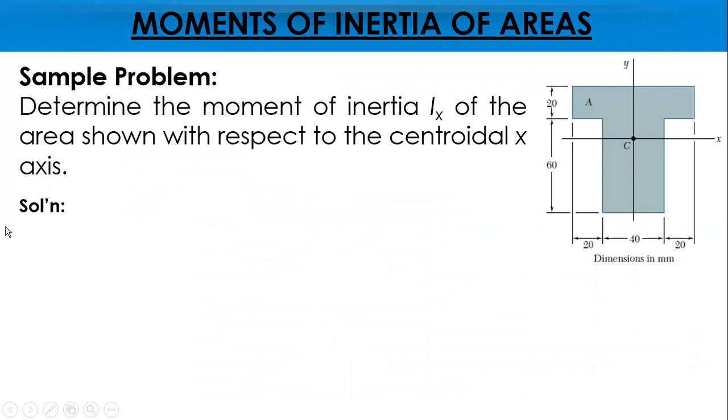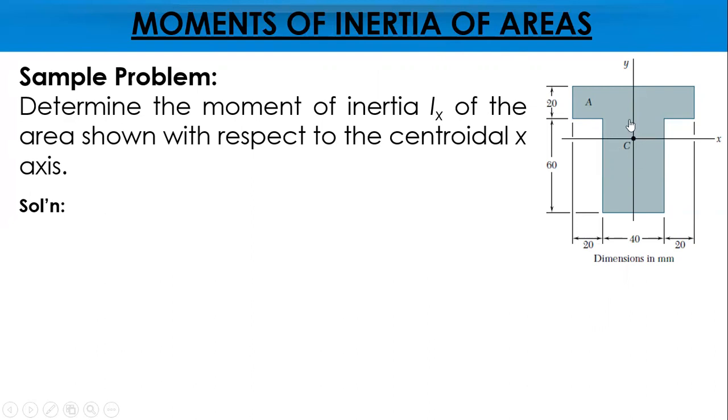First problem. Determine the moment of inertia Ix of the area shown with respect to the centroidal axis. A while ago, the centroidal axis was for a single structural shape or a single cross-section.